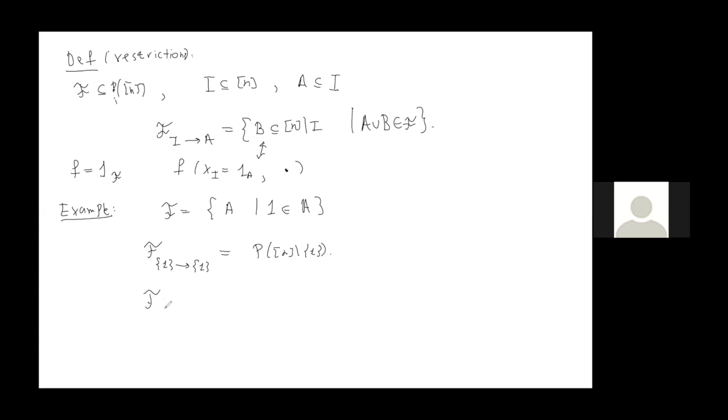But if we fix it to not be inside, then we get nothing. Okay, so this is the notion of restrictions that we are going to use. This is a very basic notion that is very useful.